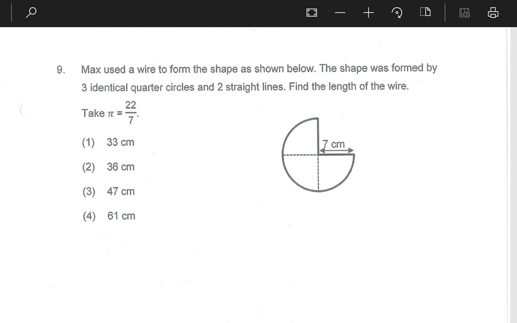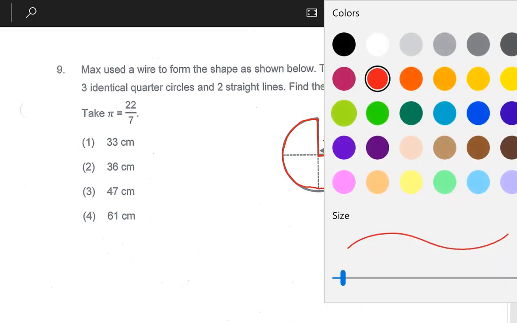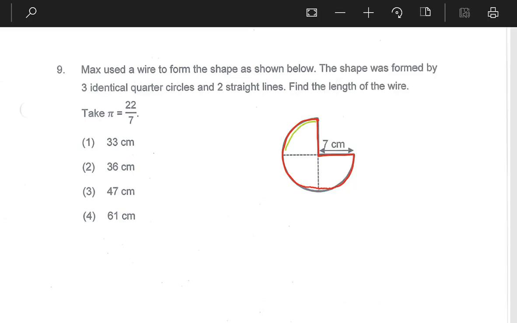And this is about a wire that's being used to form this perimeter here. So if you look at the red coloring, this is the entire wire that's being used to make the circle. So the entire figure is actually made up of 1, 2, and 3, a 3/4 circle, right?